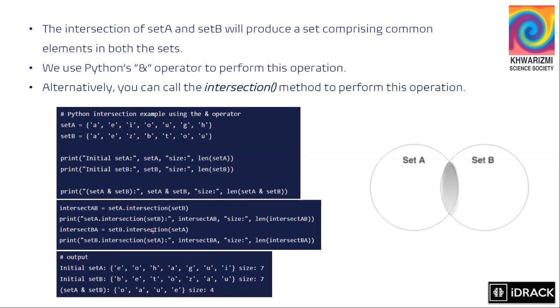There's a little difference in syntax, and it's your choice completely. It's easier to use this one because it is a shorter syntax, but again, whichever one you prefer. What it gives you is what is similar between the two sets. We noticed that A, E, O, and U were the elements that were similar.